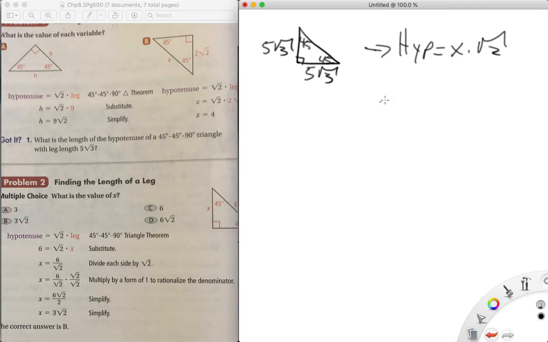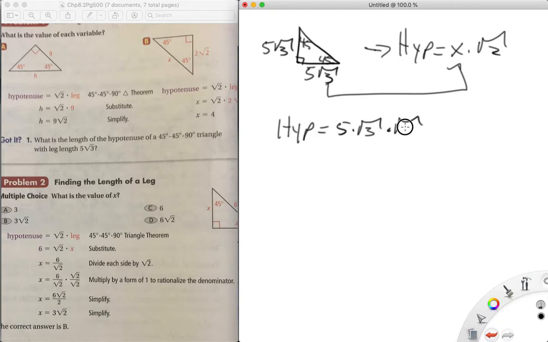Right? So I'm going to substitute x with the leg, 5 root 3. So the hypotenuse is equal to 5 times the square root of 3 times the square root of 2.